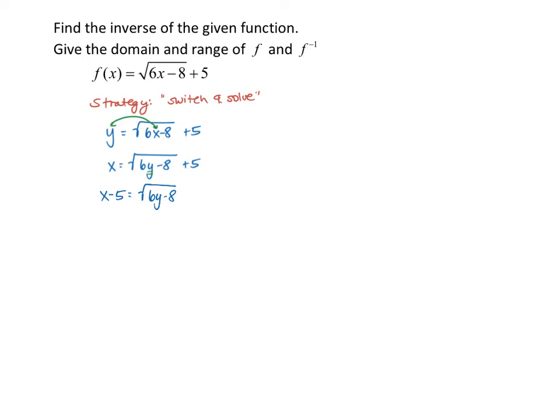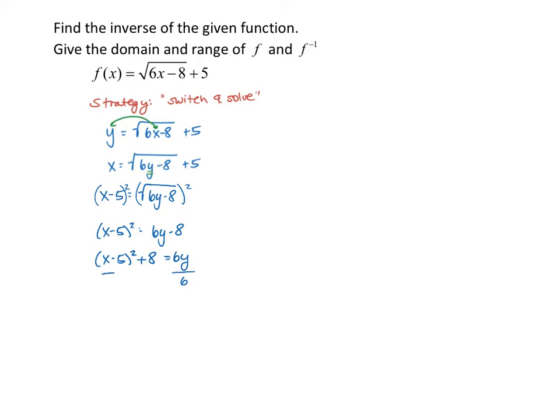And then to get rid of the square root, we're actually going to square both sides of our equation. The left-hand side, rather than foiling that out, I'm going to go ahead and leave that as x minus 5 squared. We'll look at y here in a moment. And the squaring of the square root gives us 6y minus 8. Adding 8, we have x minus 5 squared plus 8 equals 6y.